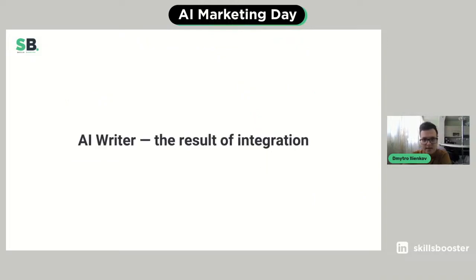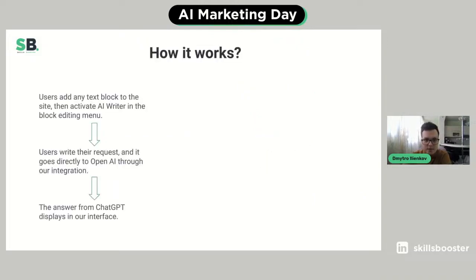Talking about results of the integration, users can now add any text block to the site in the editor, then activate AI Writer in the block editing menu. Then users can write their request, and it goes directly to OpenAI, to ChatGPT through our integration via API.